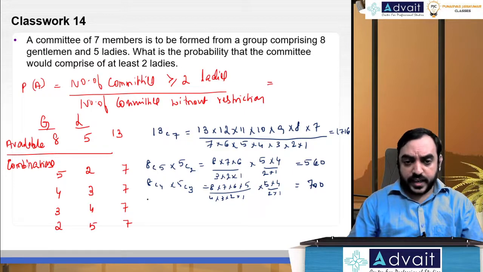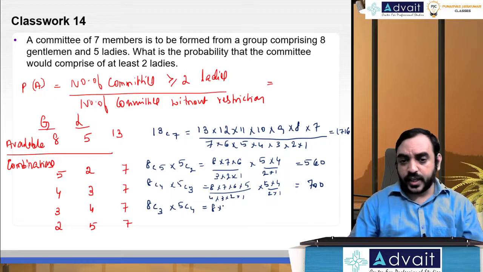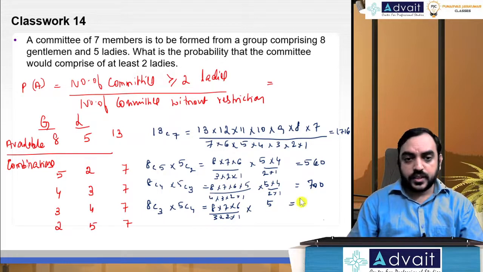Then 8C3 into 5C4. 8C3 is the same as 8C5. Okay, 8C3, 8, 7, 6 divided by 3, 2, 1. 5C4 means 5C1. That is 5, you can directly write. So 8, 7, 6, 5, 280.